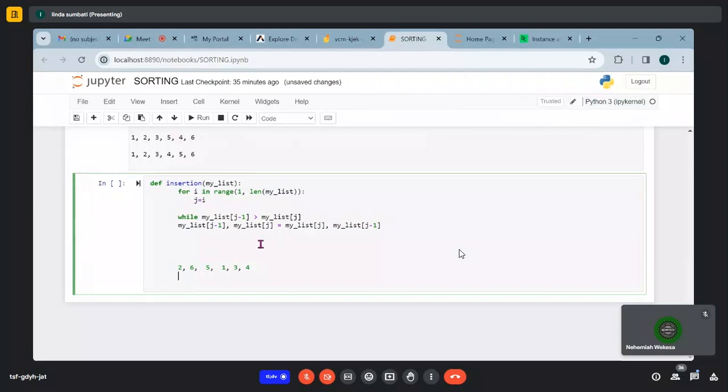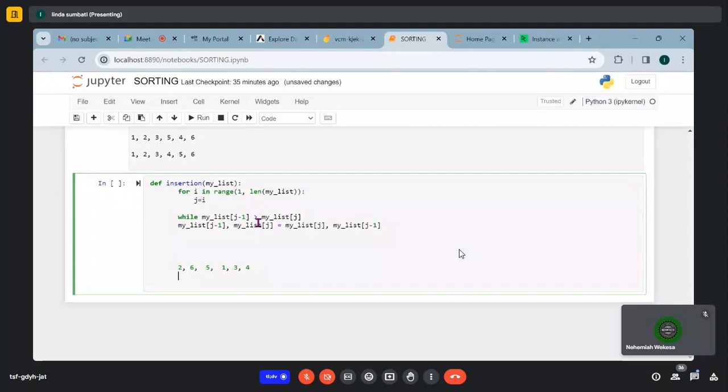Okay, can somebody who is understanding it explain? Let's help each other. Let me explain that. Our starting point is the second index. So we are saying for every element in the range of index 1, not index 0, index 1, then the length of my list.